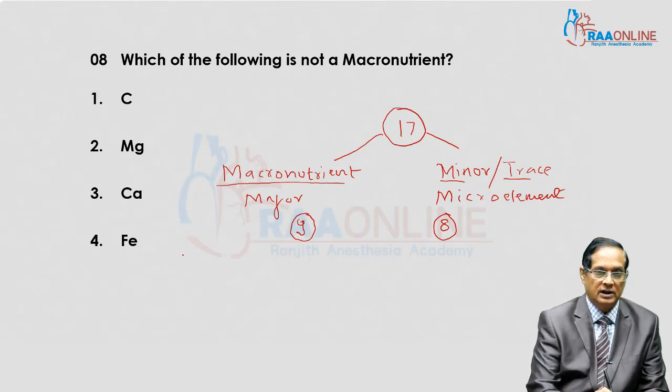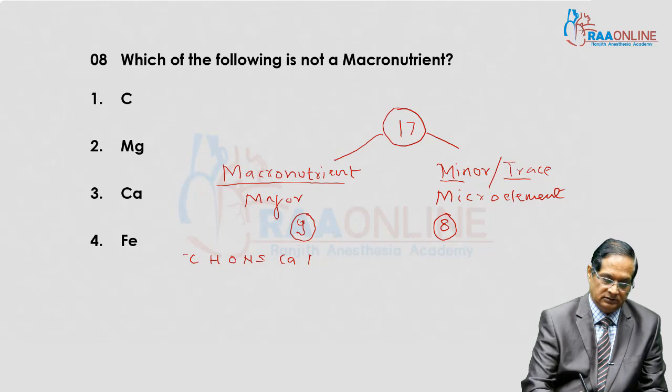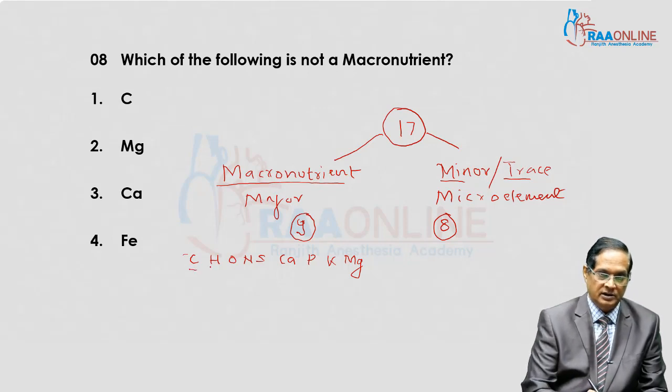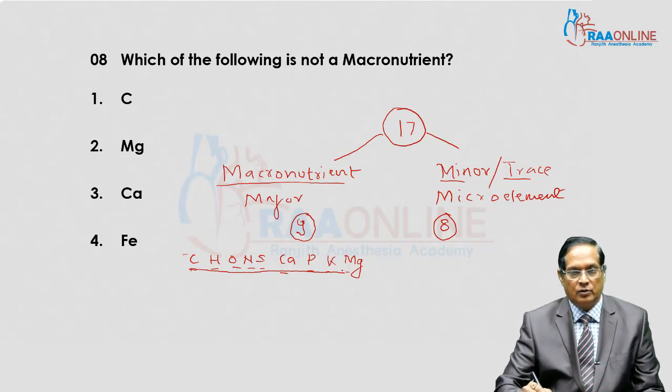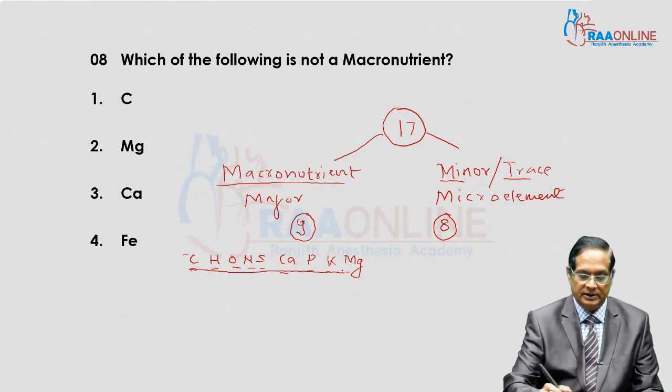These 9 elements are C, H, O, N, S, Ca, P, K, Mg. C, H, O, N, S, Ca, P, K and Mg. These are macro elements, that is 9 elements.